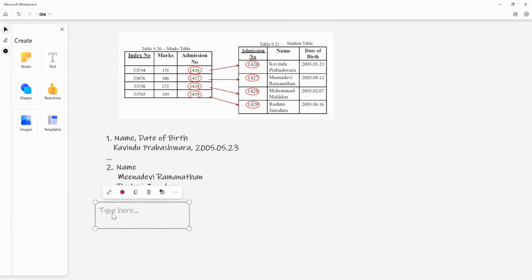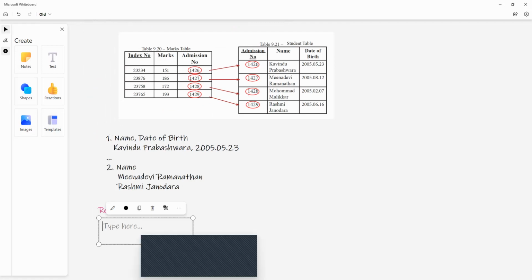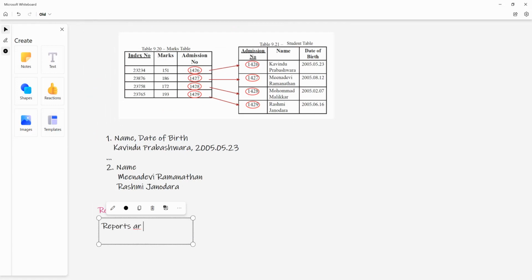Okay, let's write down reports. The other one is we can generate reports. We can simply say reports are used to obtain printed copies of information from the related table.